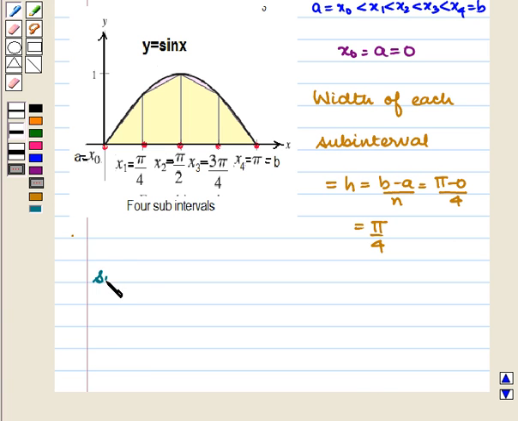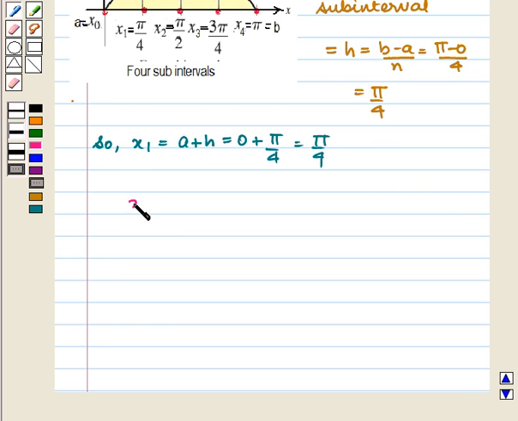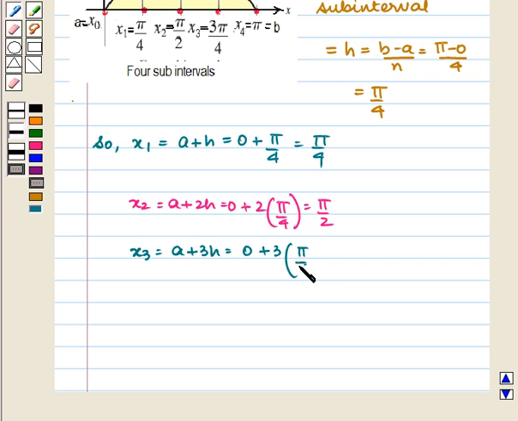So x1 is equal to a plus h, which is equal to 0 plus pi by 4, which is equal to pi by 4. x2 is equal to a plus 2h, which is equal to 0 plus 2 into pi by 4, which is equal to pi by 2. x3 is equal to a plus 3h, which is equal to 0 plus 3 into pi by 4, which is equal to 3 pi by 4.